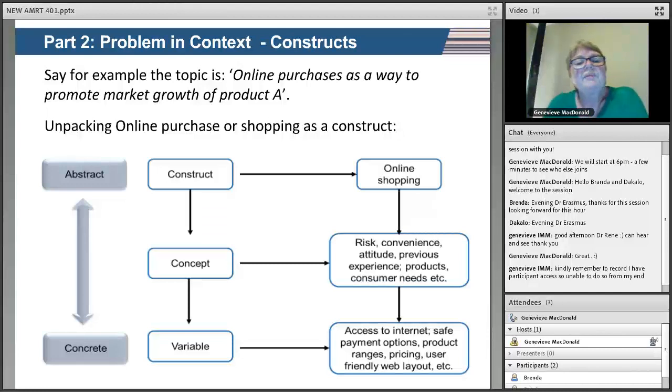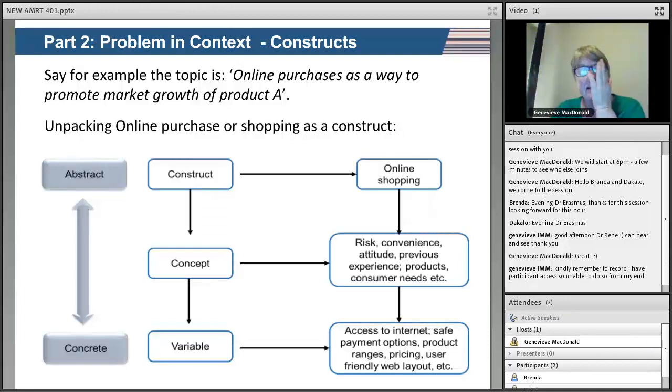So let's talk about the construct, this word that everybody is throwing around. For example, the topic is online purchases as a way to promote market growth of a particular product. So if we unpack that, the construct on the abstract side of this scale is then online shopping.